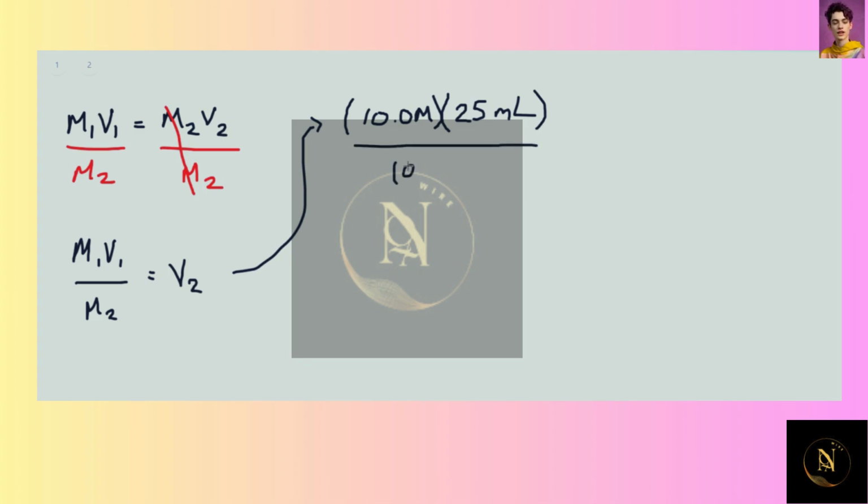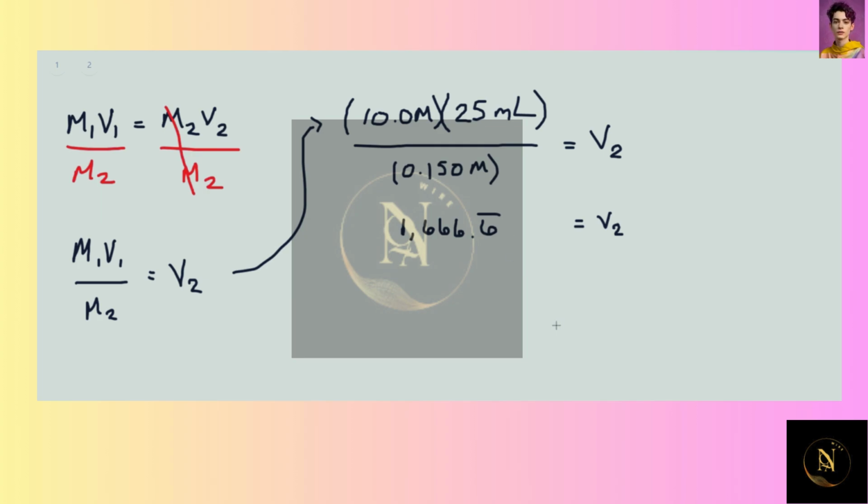M2, if you recall, is 0.150 molar. And we're looking for V2. So if we just do our numerical answer first and put this into our calculator, we find that V2 comes out to be 1,666.6, and that's a repeating decimal.